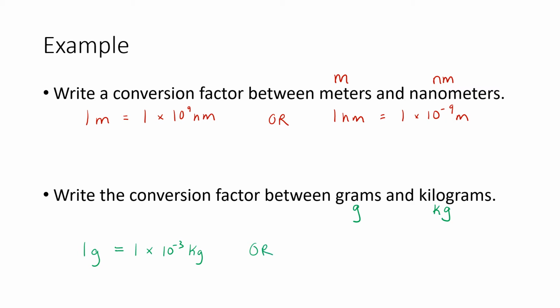Or we can flip this around and say 1 kilogram is equal to 1,000, which is 1 times 10 to the positive third grams. In this scenario, we're asking ourselves, what's the bigger unit? It's the kilogram, and there's going to be 1,000 smaller units, which is the gram, in that 1 kilogram.